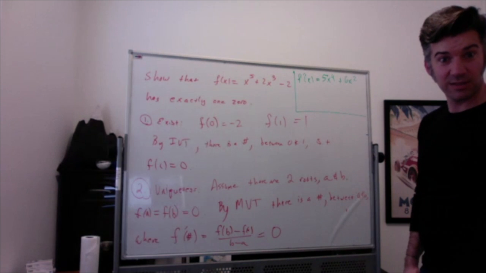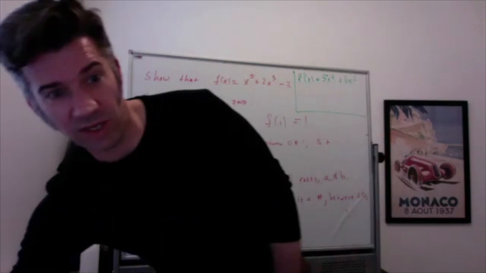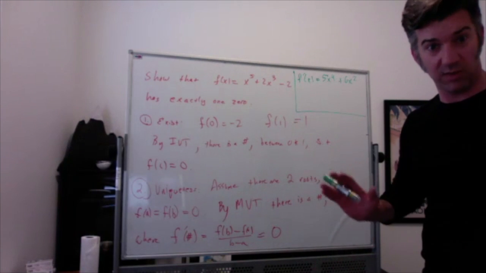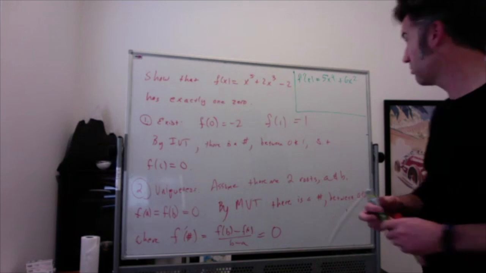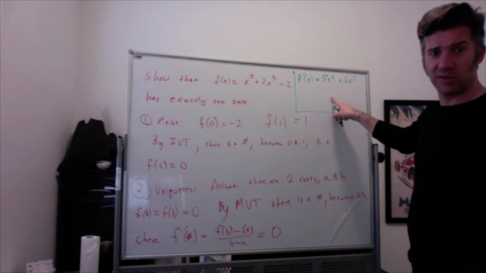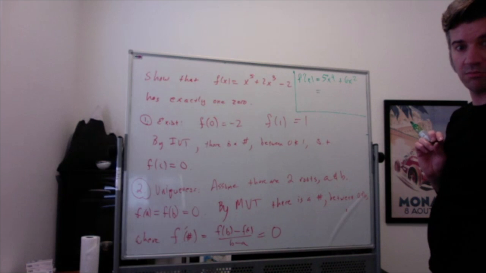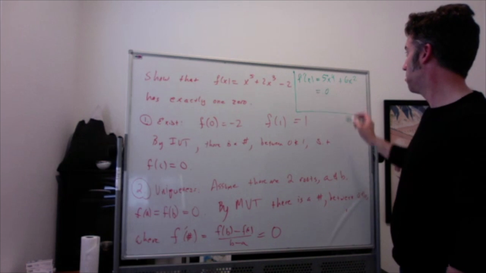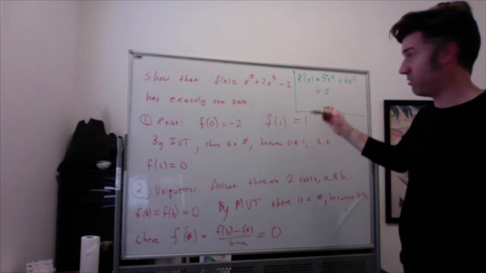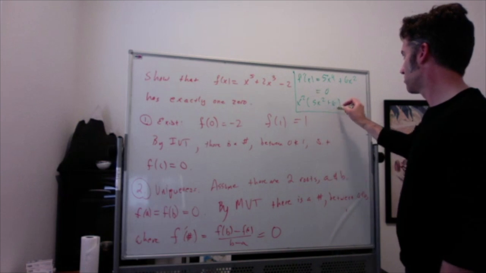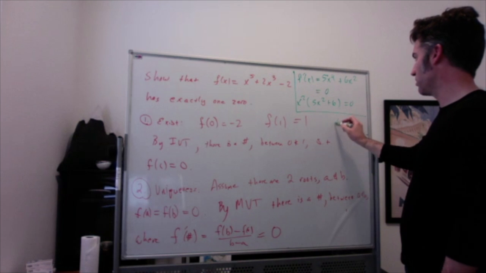Well, it actually is, right there. Sorry, so this example is a little bit different than the ones I've done before. That's okay. We're still going to be fine. So where is this equal to 0? I can factor out x squared. It's equal to 0 when x is equal to 0.